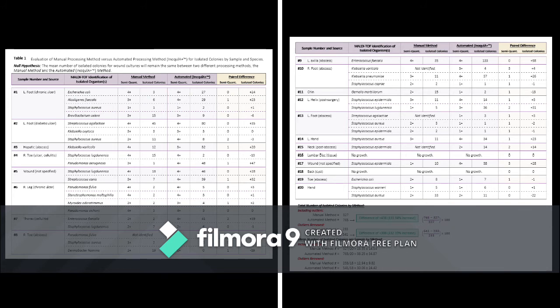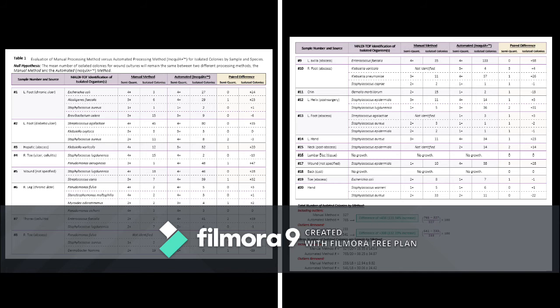This table is the evaluation of the manual processing method versus the automated processing method, the InoqulA, for isolated colonies by sample and species. You will notice I have all 20 of the samples by sample number, and I've also included the source. Sometimes that's really interesting: quite a few are like number 1, number 2, left foot chronic ulcer, diabetic ulcer, number 6, right leg chronic ulcer, number 8, right toe abscess.